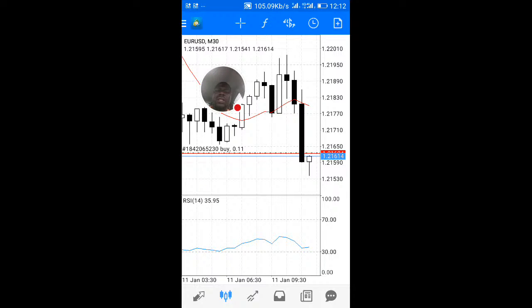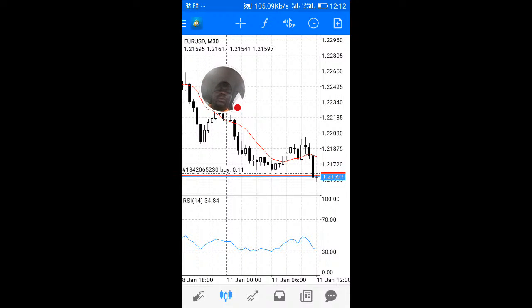There's a certain rejection here, as you can see now. But rejection is in both ends. It is still deciding which side to take. Let us see. Because if it is to go up, it is going to be like a spike, because it will be supported.